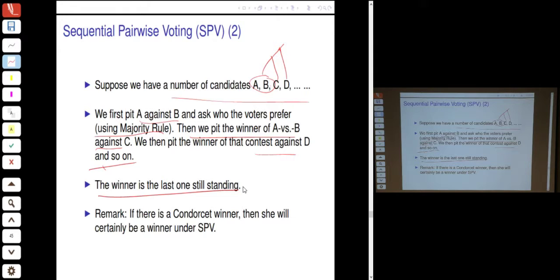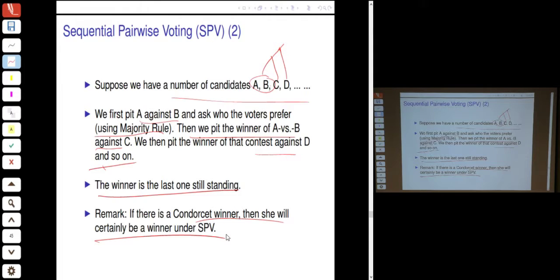Remember, if there is a Condorcet winner, then she will certainly be a winner under SPV, because the Condorcet winner beats every other candidate in a head to head matchup. Wherever you place the Condorcet winner in the list, and whoever precedes him in the list, doesn't matter.